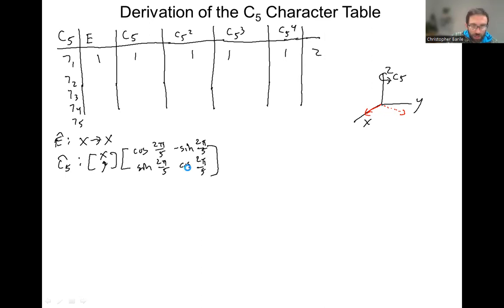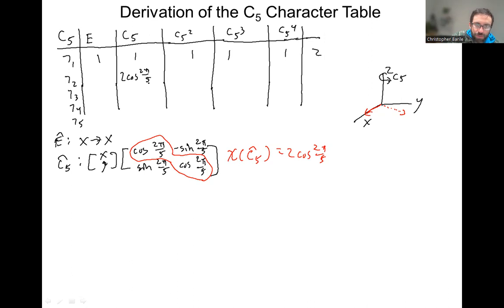Okay, so then we take the trace of this matrix, and we get cosine 2 pi over 5 plus cosine 2 pi over 5. It's a sum across the diagonals, and that's going to be just 2 cosine 2 pi over 5. We're just going to leave it like that.